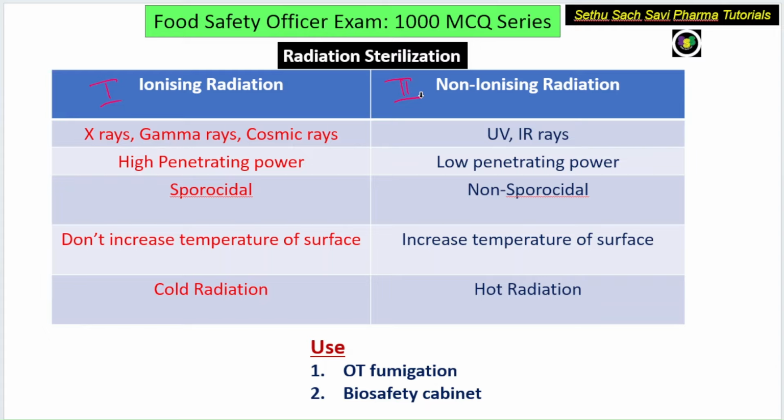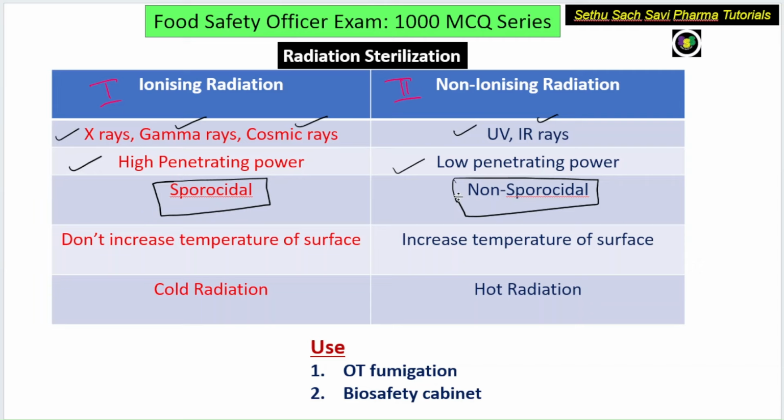Examples of ionizing radiation are X-rays, gamma rays, cosmic rays. Non-ionizing radiation includes UV and infrared rays. Ionizing radiation has high penetrating power, whereas non-ionizing radiation has low penetrating power. Since ionizing radiation has high penetrating power, it can kill spores. Ionizing radiations are sporocidal, whereas non-ionizing radiations are non-sporocidal. They cannot kill the spores.